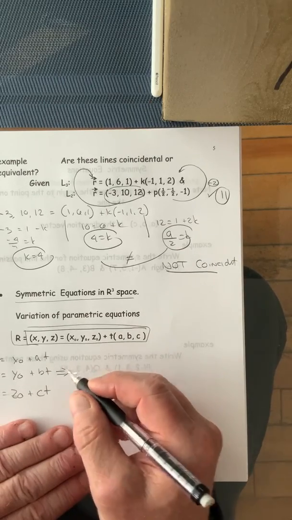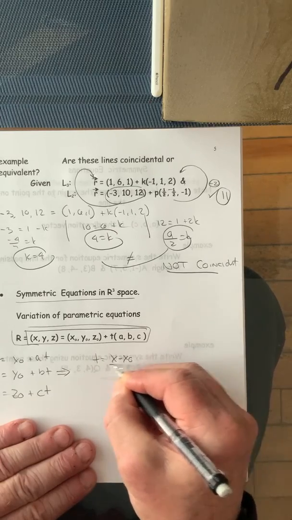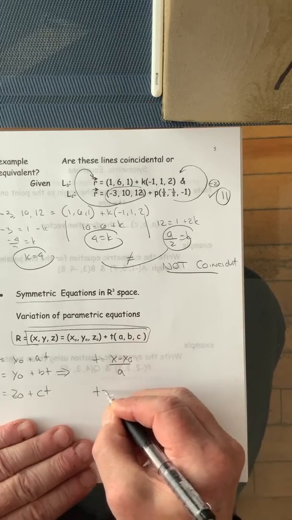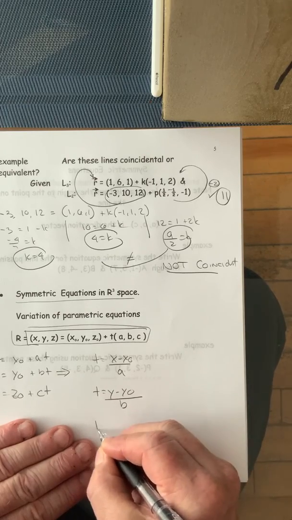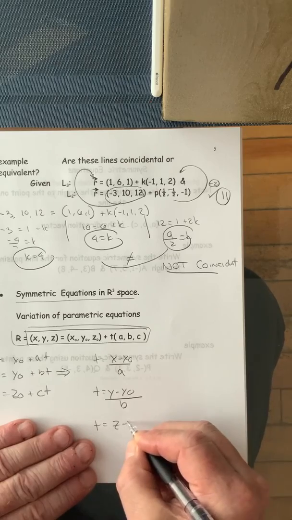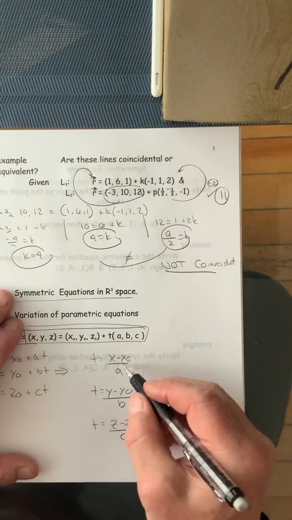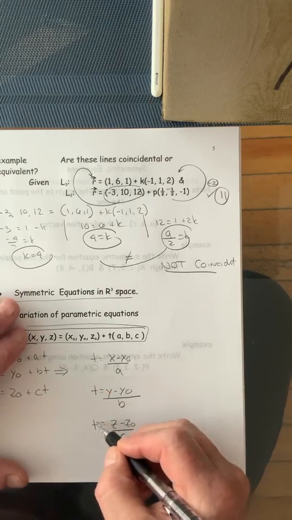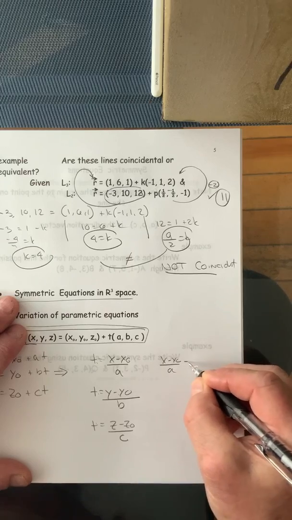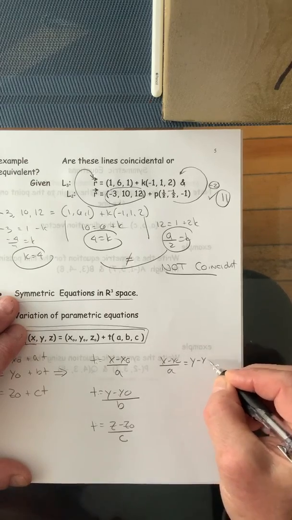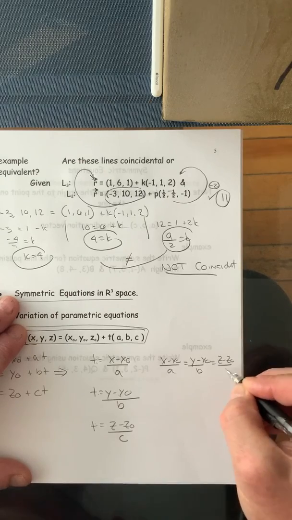Solve for t. t equals (x minus x naught) over A. t equals (y minus y naught) over B. And t equals (z minus z naught) over C. This one equals t, that equals t, that equals t. Therefore, (x minus x naught) over A equals (y minus y naught) over B equals (z minus z naught) over C.